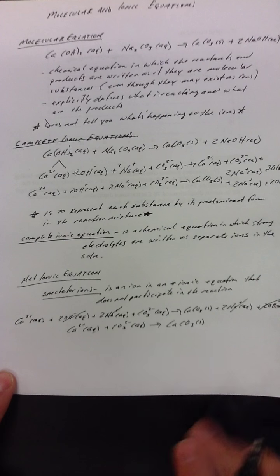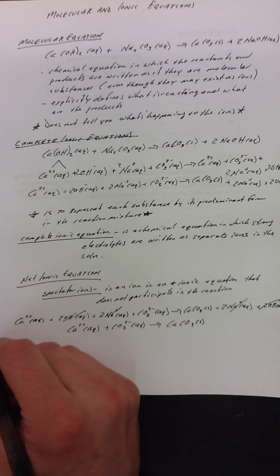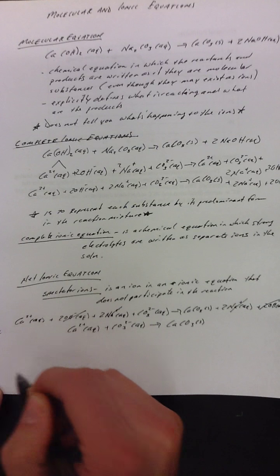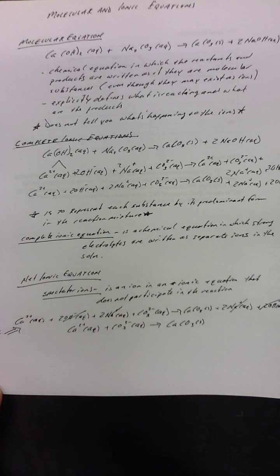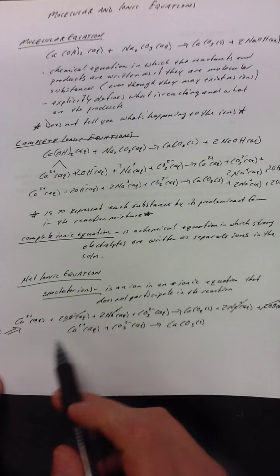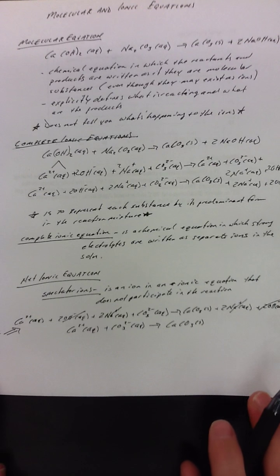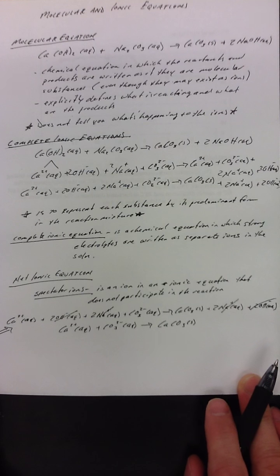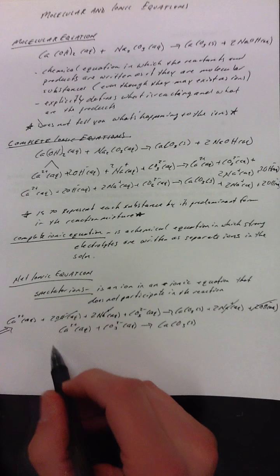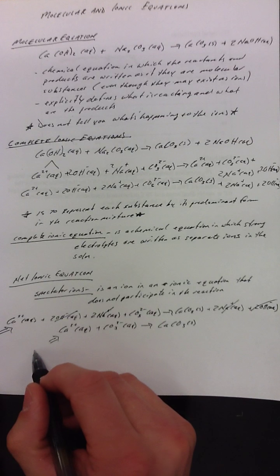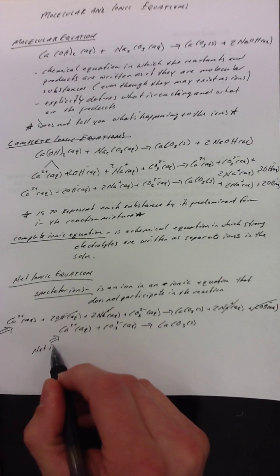Okay, so what we've done is we've gone from a complete ionic equation, which is that guy, crossed out the spectator ions, so those that actually are still in solution or that are still aqueous, and what we're left with down here is our net ionic equation.